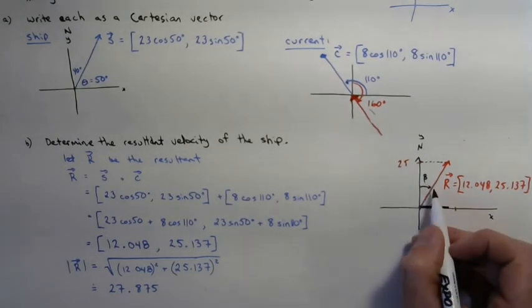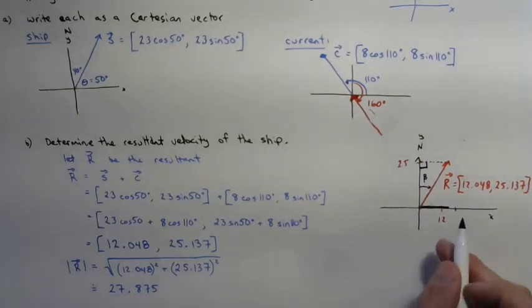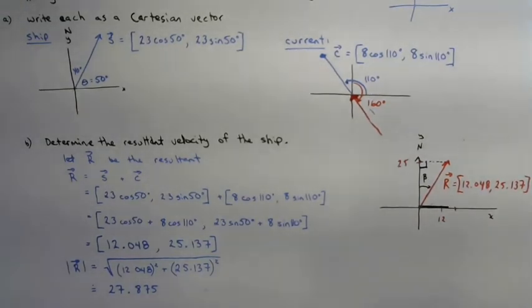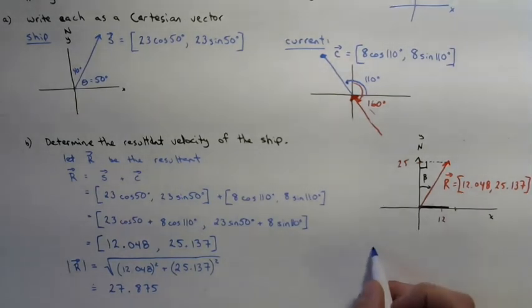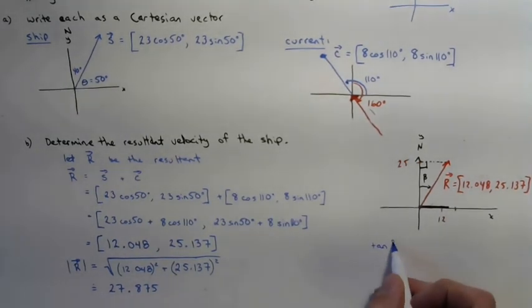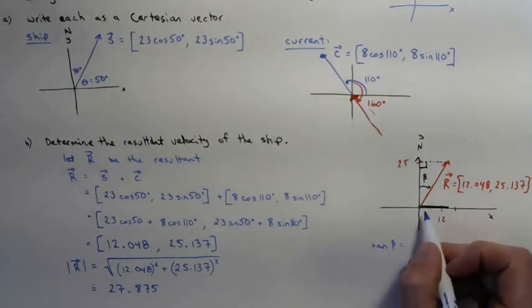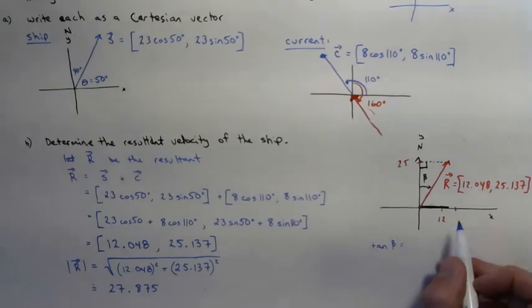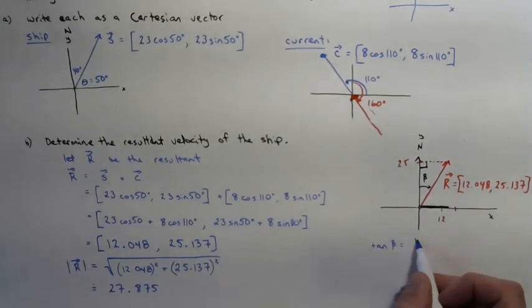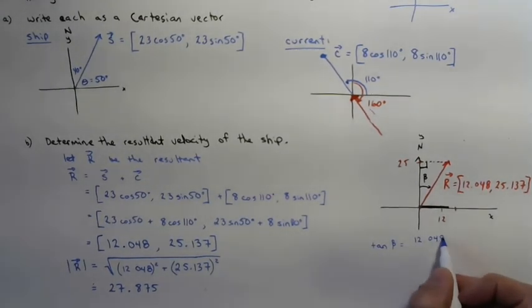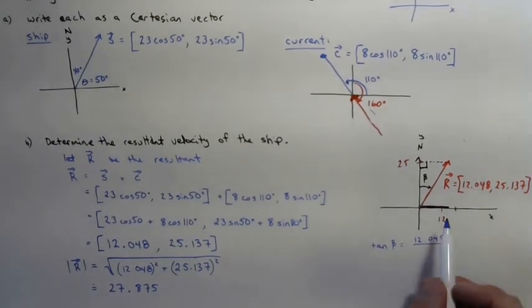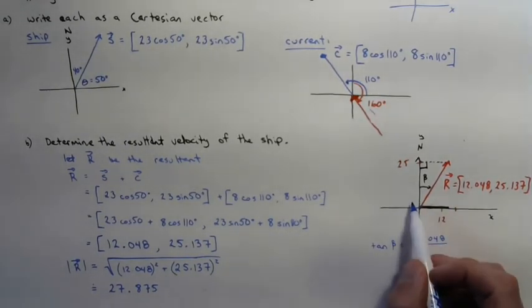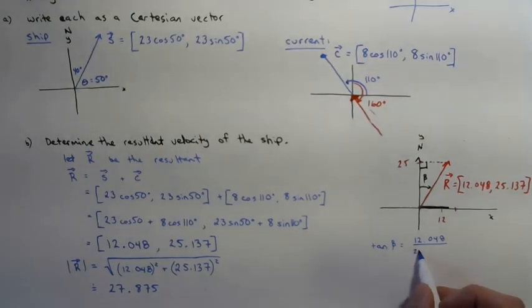Okay, so in order to determine what angle beta is in this right angle triangle, we're going to take the tangent of beta is equal to opposite over adjacent. So opposite is our x value, 12.048, over our adjacent, which is 25.137.